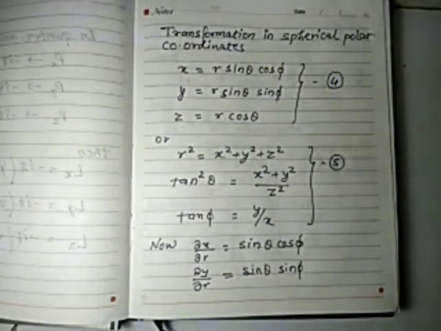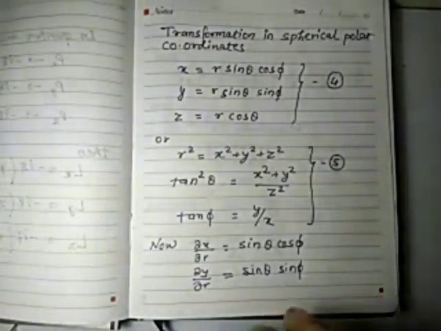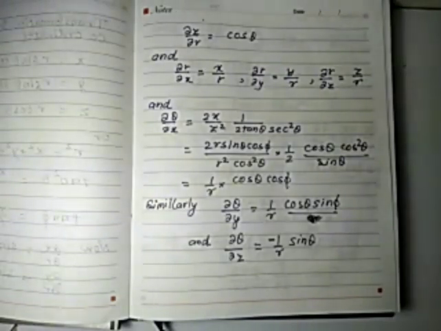Now we need to find the various partial derivatives. First we find ∂x/∂r, which can be obtained by differentiating the equation x = r sin θ cos φ partially with respect to r, and this is equal to sin θ cos φ. Similarly, we obtain ∂y/∂r = sin θ sin φ, and ∂z/∂r = cos θ.